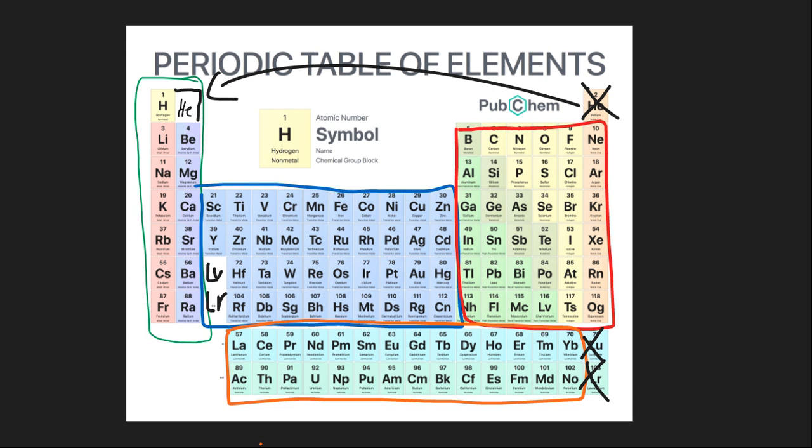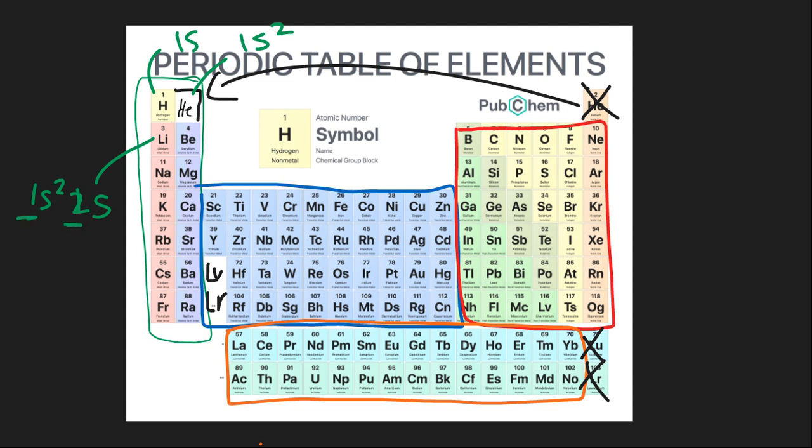If you probably remember from your chemistry class, H is 1s1 and He is 1s2. We have lithium as 1s2, 2s1, and then so forth.